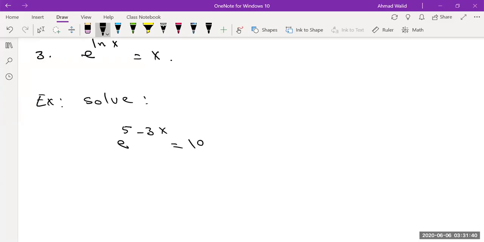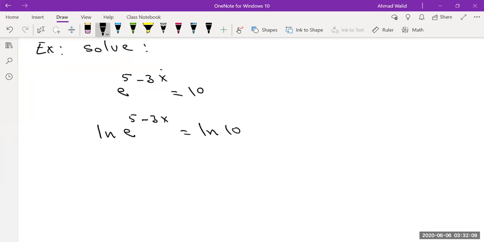To solve this exponential equation for x, because your x is in the exponent, you have to bring it down. How to bring it down from the exponent to the base? Apply ln, or take the ln from both sides. You can write ln e to the power of 5 minus 3x equals ln 10.